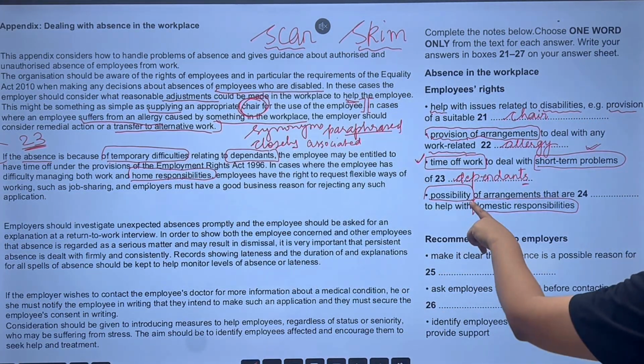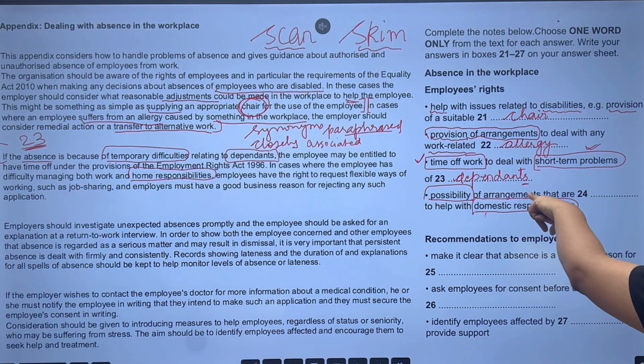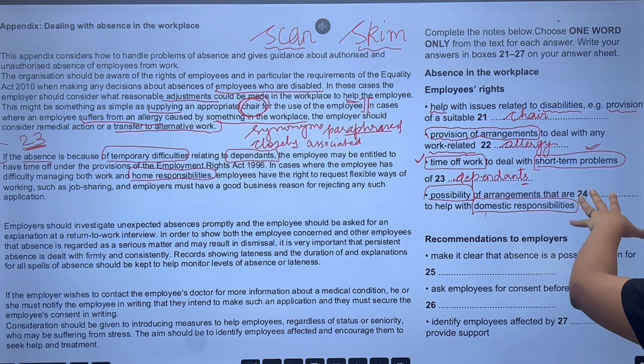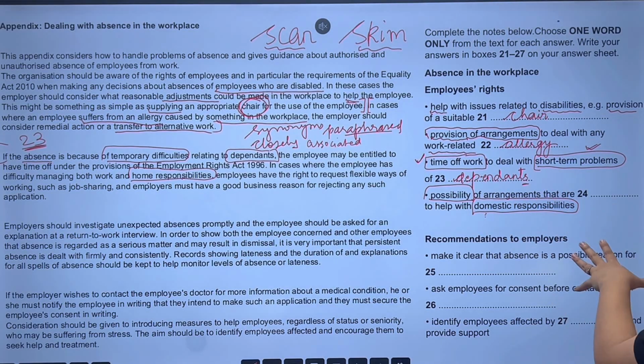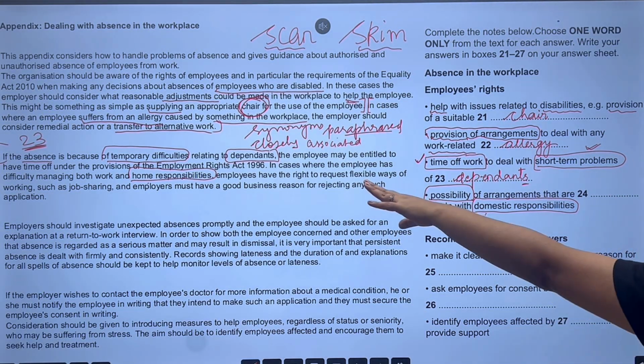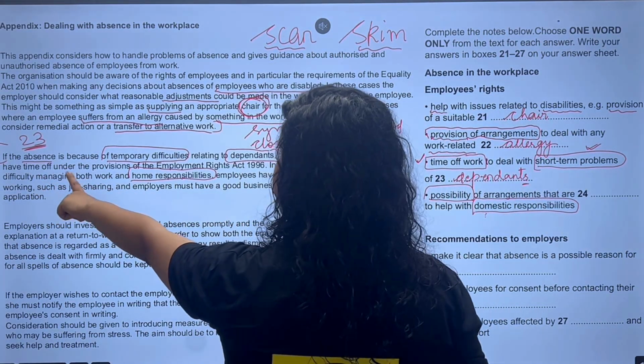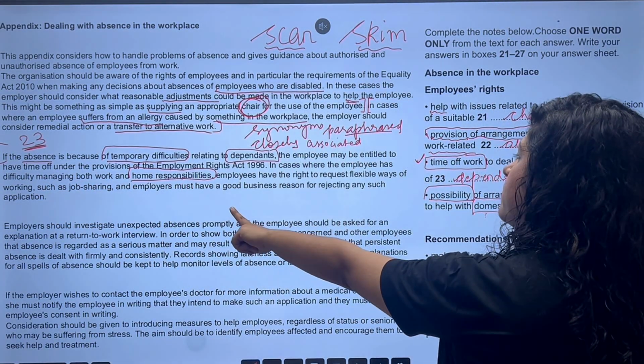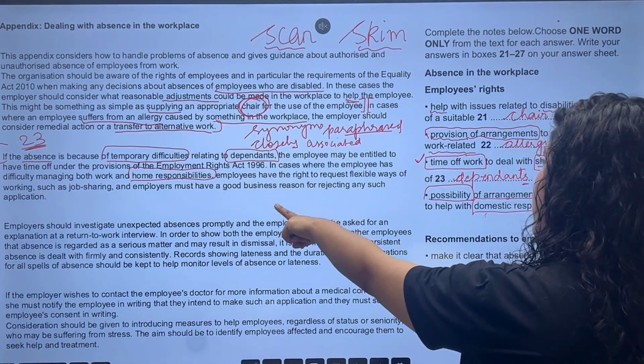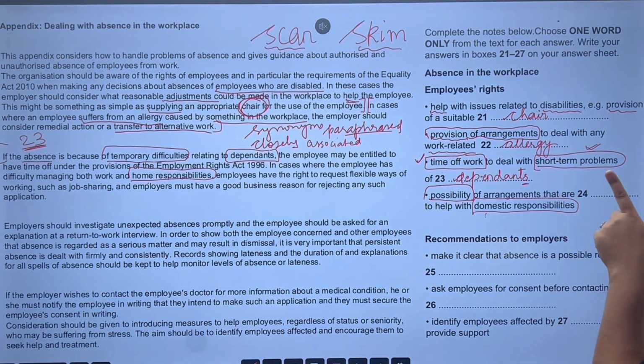So, what are the possibilities of arrangements that are something to help with domestic responsibilities? What will be the word that will come over here? So, in cases where the employee has difficulty managing both work and home responsibilities, employee have the right to request flexible ways of working.